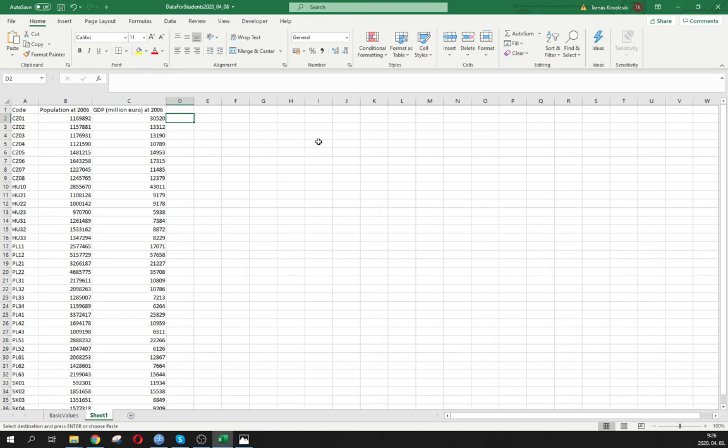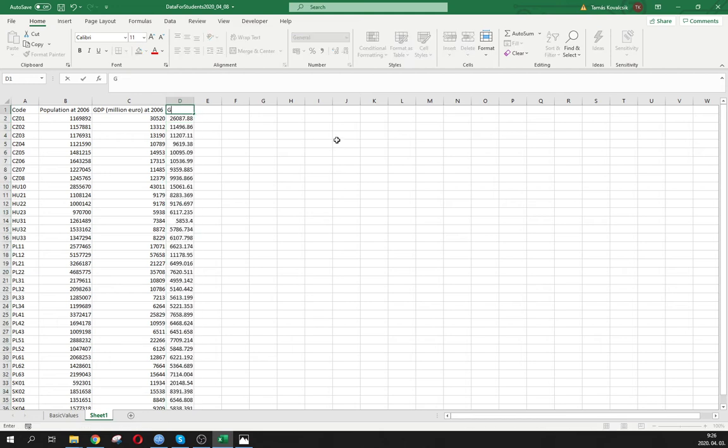In the first step we have to calculate the GDP per capita numbers, so we have to multiply the GDP number by 1 million and divide it by the population, and this is GDP per capita 2006.